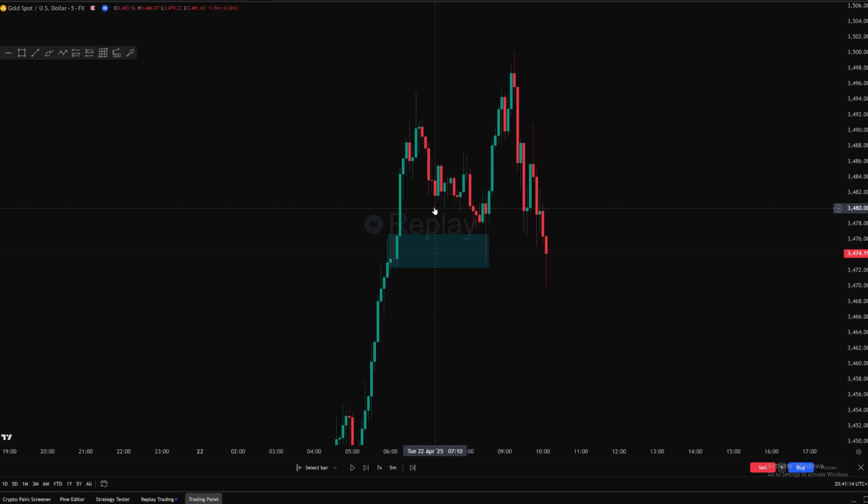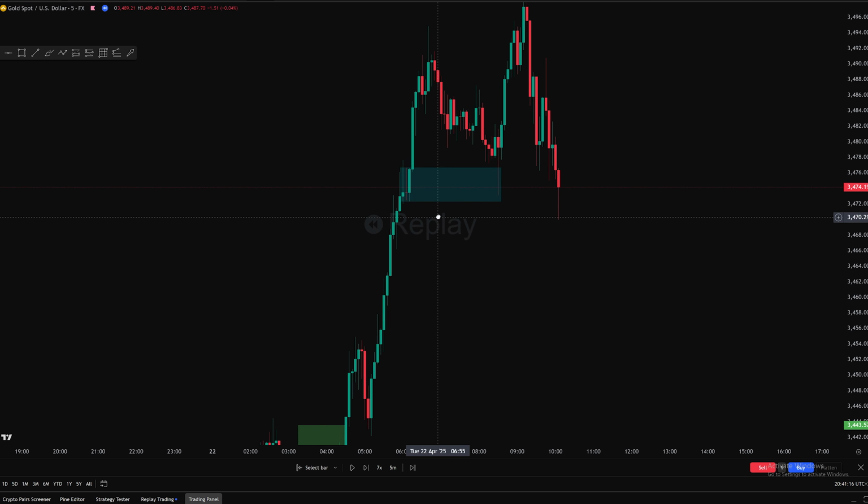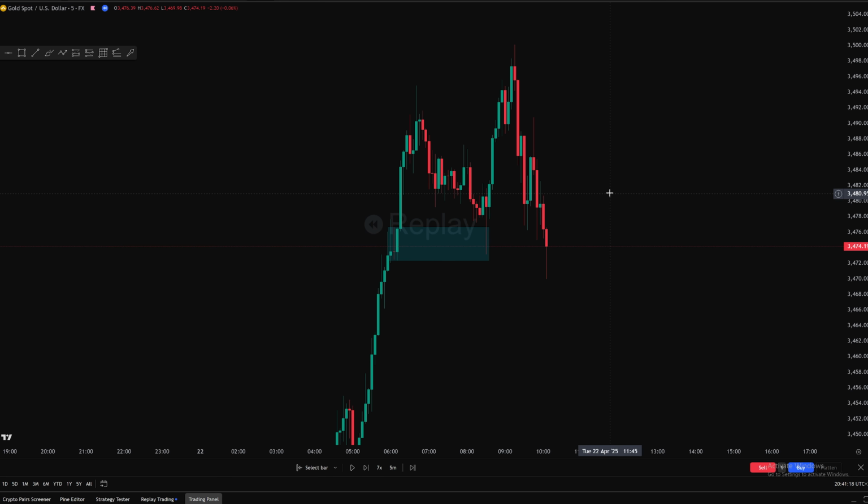But looking at this zone, a doji candle, part of this straight move up, it's just not something I would take personally. It really depends on the trade. You could take these kinds of trades if you were an aggressive trader, but I'm going to leave this out right now.